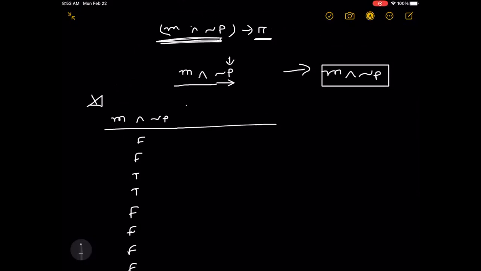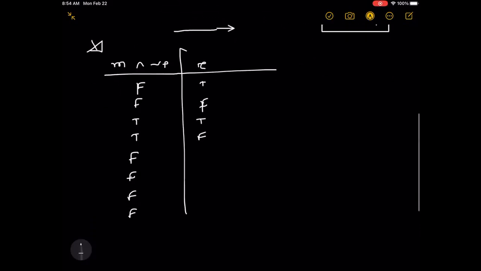And with it, I'll have the next condition, R: true, false, true, false, true, false, false. Once again, you will not have this beforehand in the assignment or in the exam.